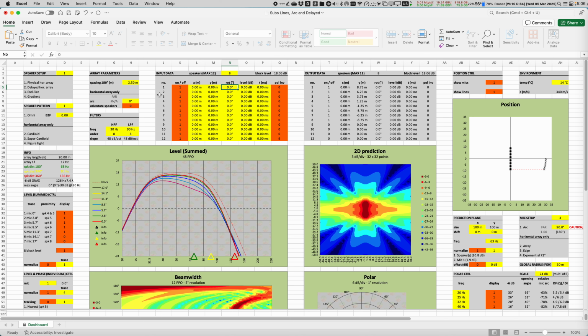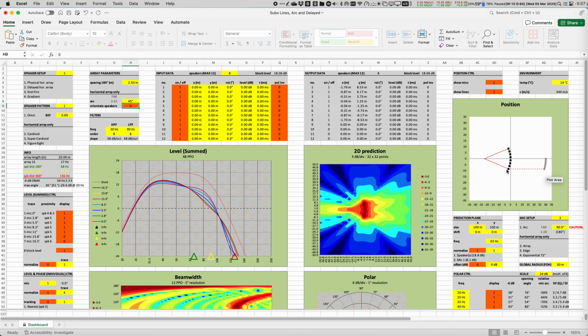Okay, and this is a straight line. It is still not an arc shape, like if I do here 45, then you can see a 45-degree section of a circumference, and that will change the individual level per microphone position, and it will change the directivity front and back. But let's start with 0 degree.